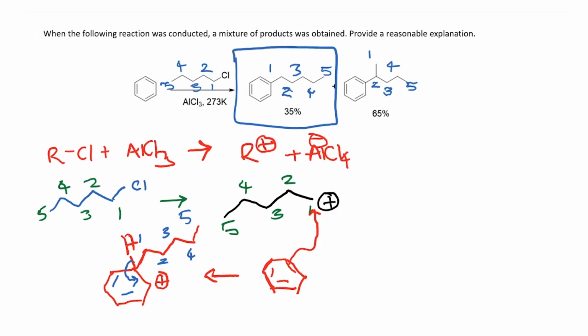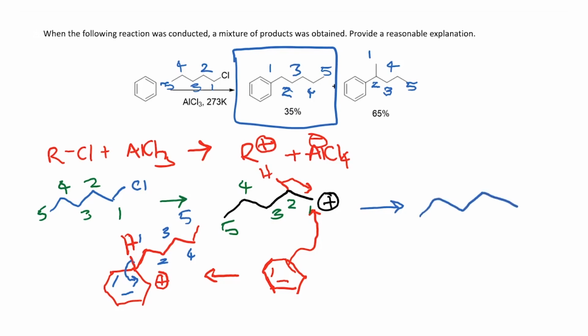Okay, now if there was a situation where this carbon number 2 is going to have a hydride, so let me just number it over here. So this carbon number 2 is going to have a hydride as shown here. You could have a hydride migration, okay, and that would give me a more stable secondary carbocation, right?